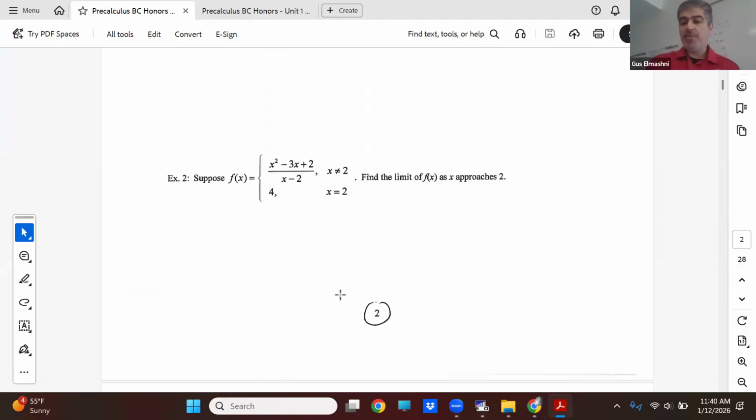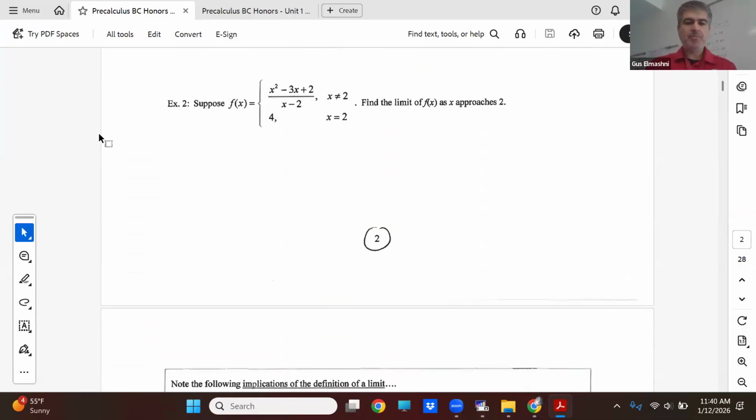All right, so now piecewise functions. These are fun ones. We kind of know what to expect. I'll just do a quick sketch here.